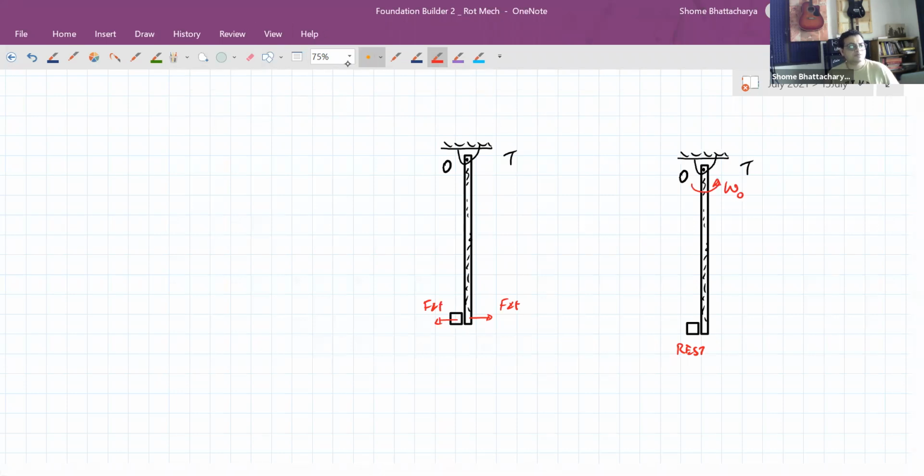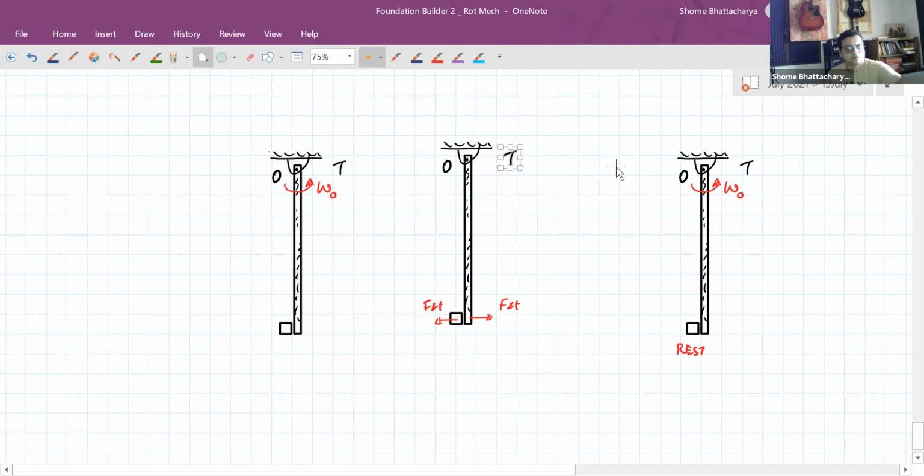Whereas if you consider what was happening just before the impact, the block had a linear momentum. The rod was at rest.